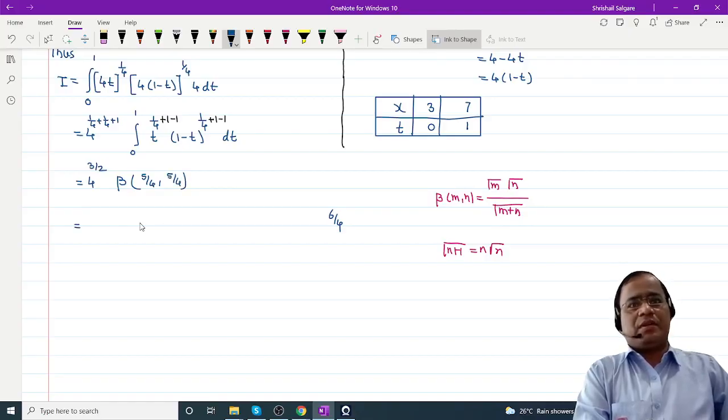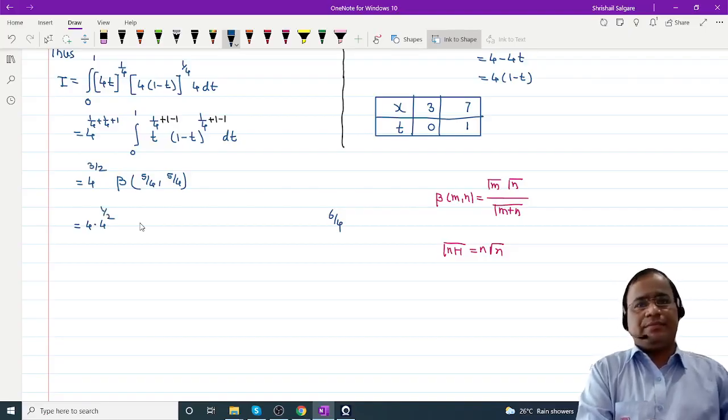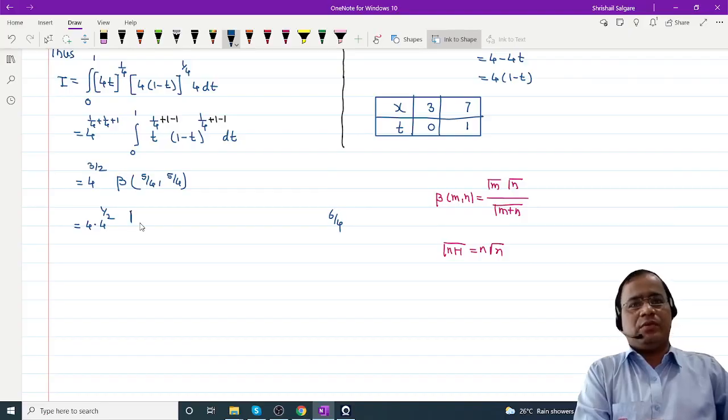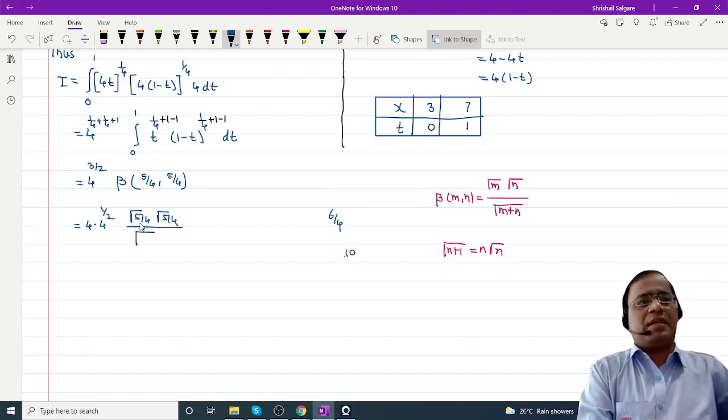So further, this can be written as 4 into 4 raised to 1 by 2, gamma of 5 by 4 divided by gamma of 5 by 4 plus 5 by 4. That comes as 10 by 4, which means 5 by 2. Is it okay?